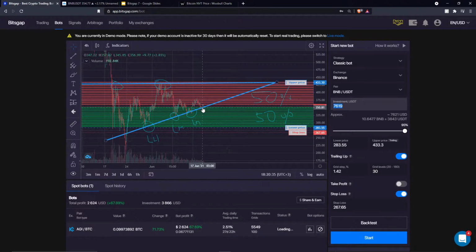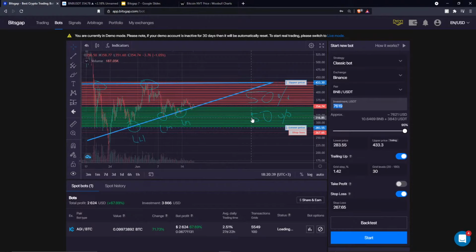But right now it looks pretty late to enter with this exact configuration, but it still makes sense because at least you can allocate less than you would otherwise, at this price of where we had it at 321. But you see, 50-50 split is okay, so I could allocate, let's say, maybe 500 USDT.